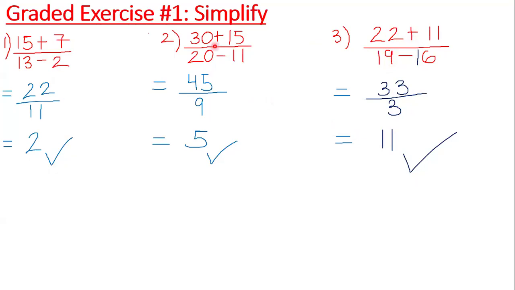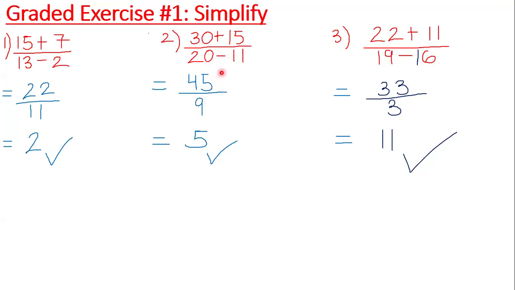Antoine, you have a question? Yes. I keep glitching out, so I couldn't see the examples. I understand everything else, but I don't know how to get which number to subtract by. Okay, so you say 30 plus 15, that gives you 45, right? And then you do 20 minus 11, that's 9.